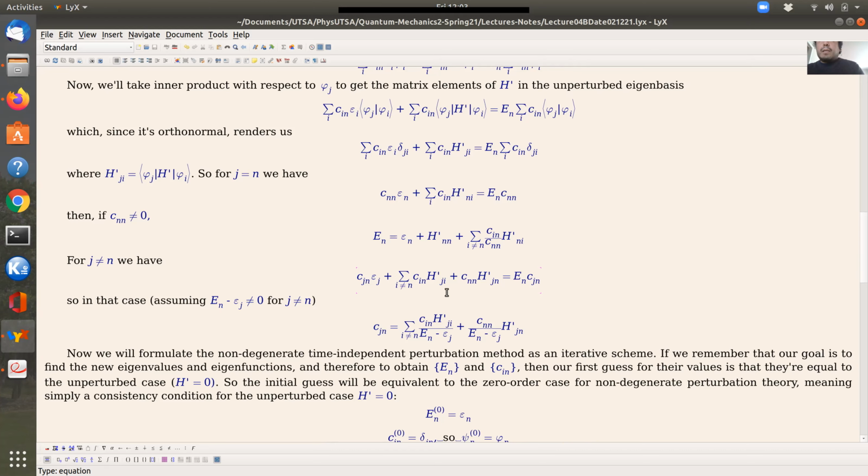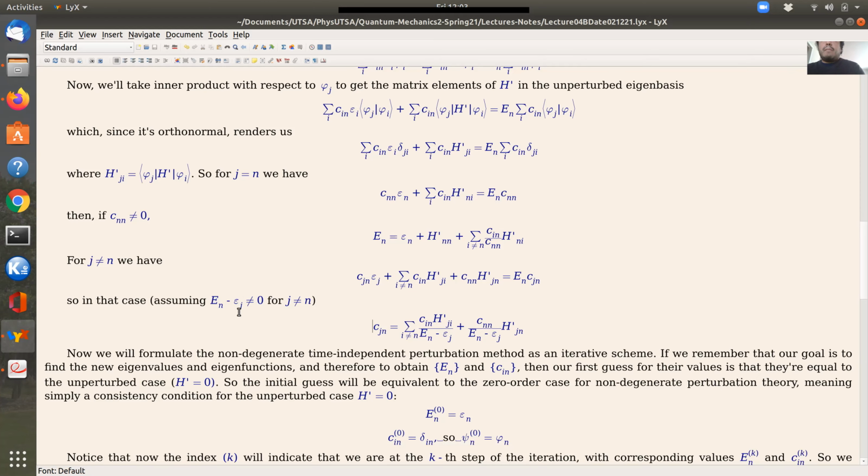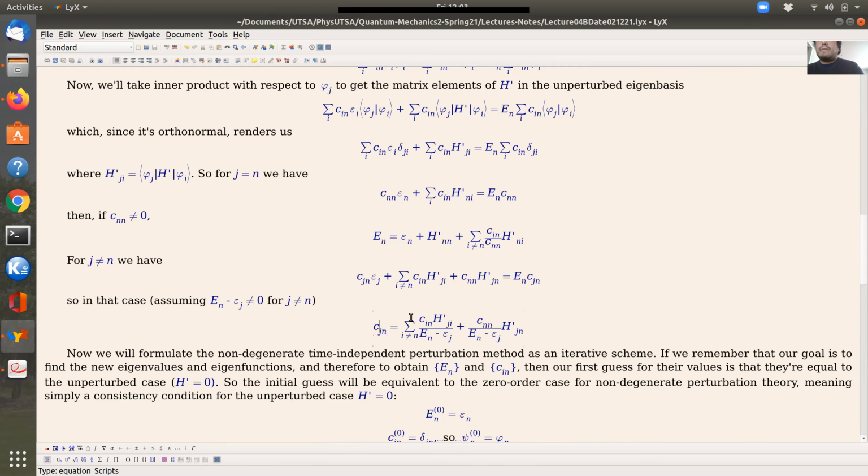In this case, it makes sense to gather En with epsilon j because they have the same coefficient. So this assumption of En minus epsilon j comes in handy, which is actually the non-degeneracy assumption that we made before. And if we do that, we simply obtain the formula for the coefficients.